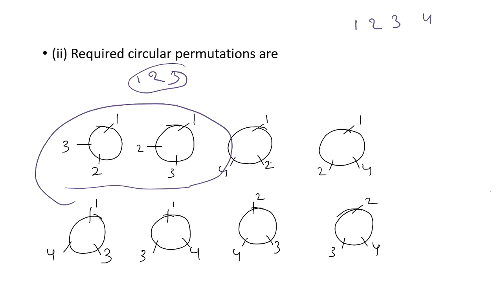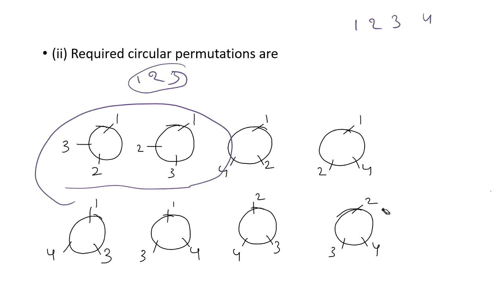And these 2 are the circular permutations that you are going to get using the digits 1, 3 and 4. And these 2 are the circular permutations you can get using the digits 1, 4 and 3. And the remaining 2 result from 2, 3 and 4.